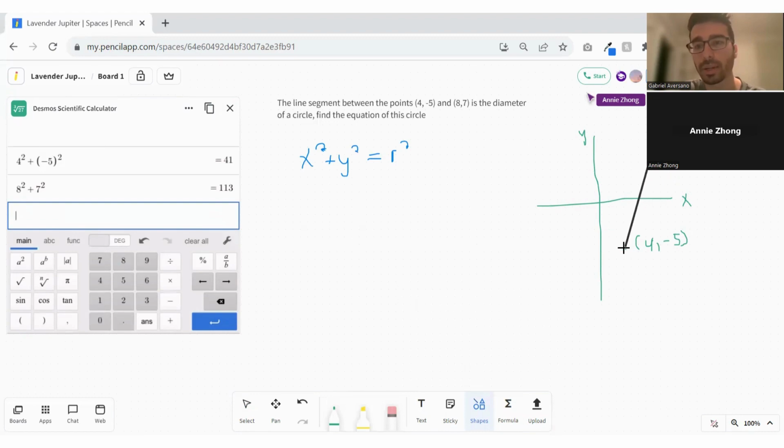So a diameter basically crosses the entire circle. If I try to draw a circle, I get something that looks like that. Let's move this over.